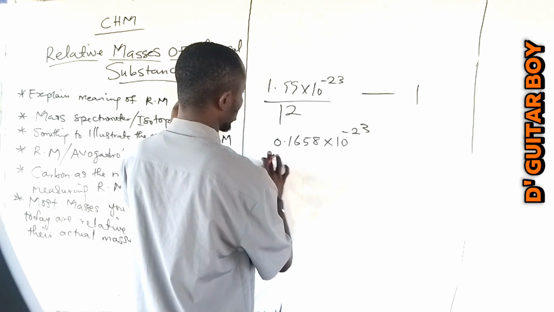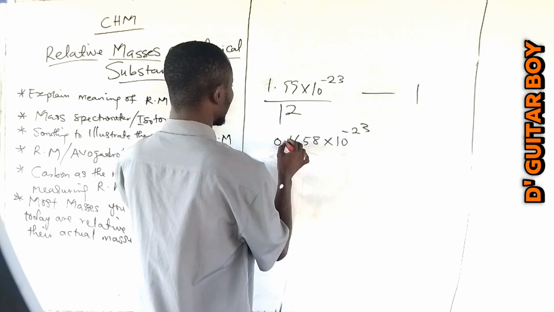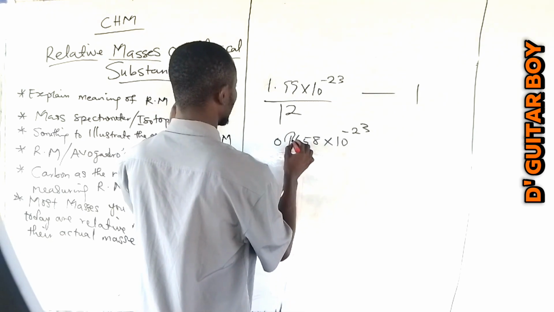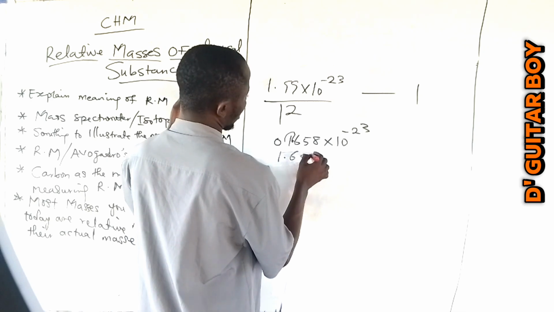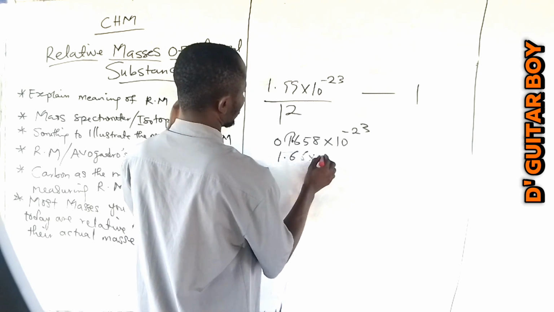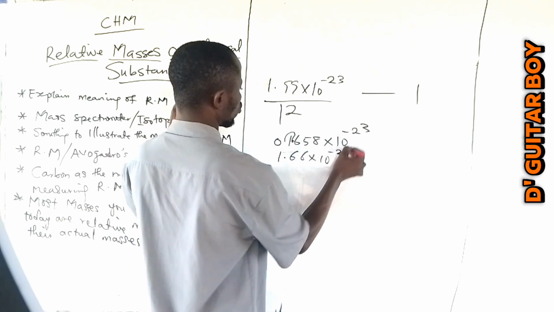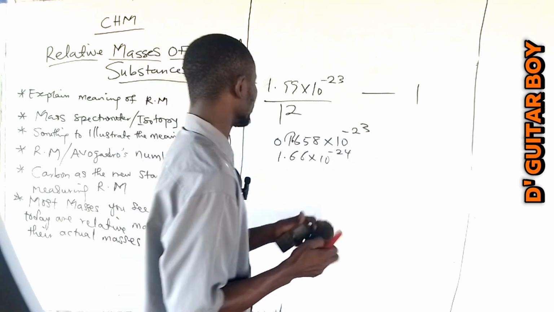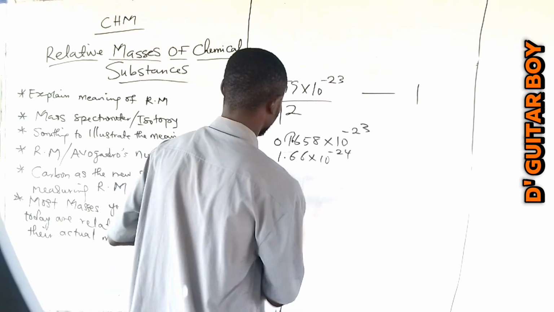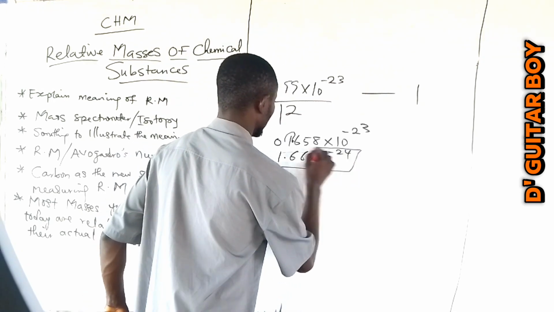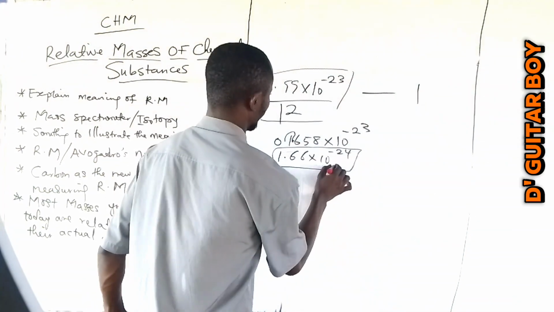If you move the decimal point here, it will now be 1.66 times 10 raised to power minus 24, because when you move it, the power changes to 24. This is how you relate it. This is the mass we now use today. So I can remove everything here and put this number here.